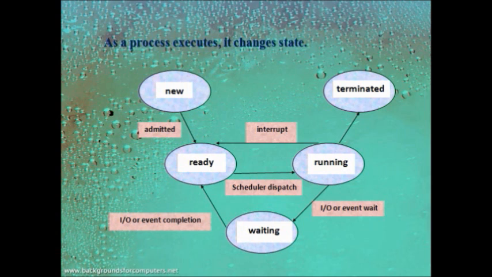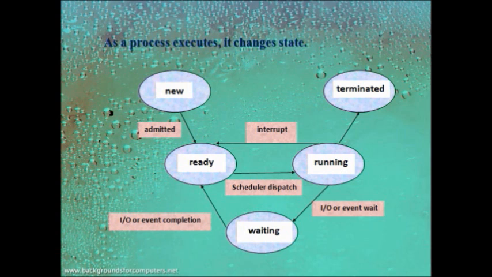Running state: a process moves to the running state when it is chosen for execution. Waiting state: while a process is running, if an I/O event occurs, it goes to the waiting state.